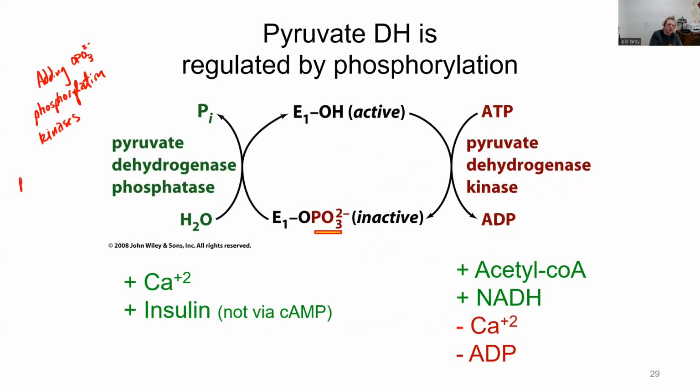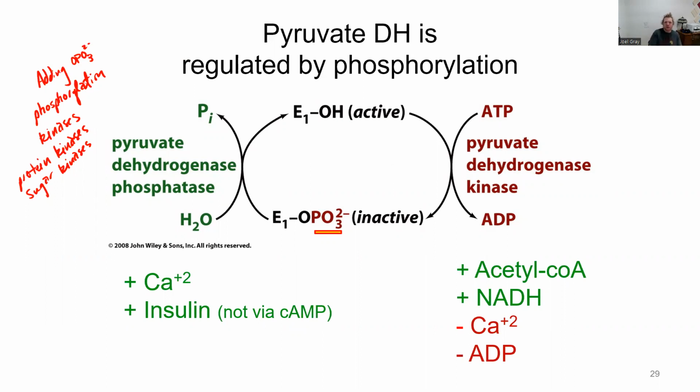There are protein kinases. There are also sugar kinases. So pyruvate dehydrogenase is going to be phosphorylated or dephosphorylated.